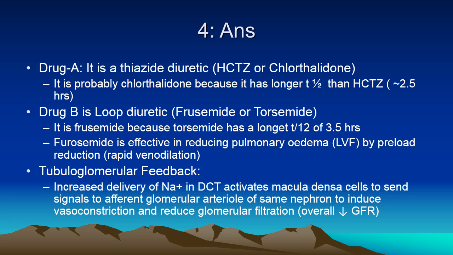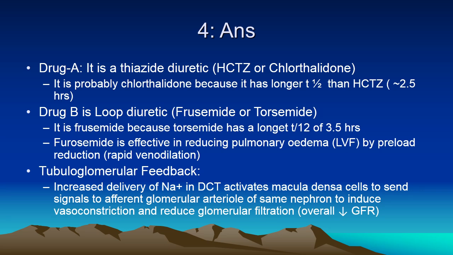The B drug is a loop diuretic because it acts to inhibit sodium potassium chloride co-transport. It is furosemide because torsemide has a longer duration of action. Furosemide is effective IV for pulmonary edema because it rapidly causes venodilation.